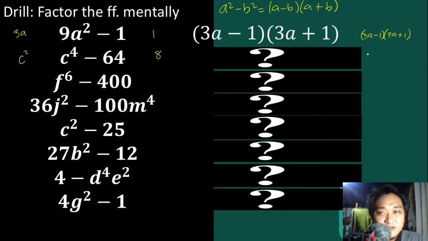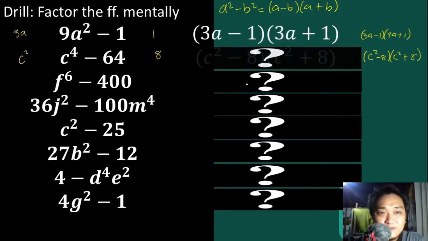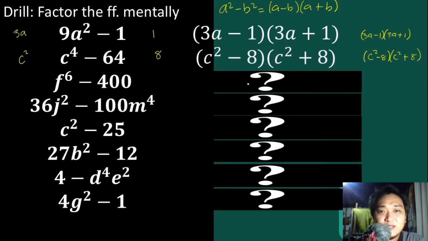So, what will be the factor? Ang magiging factor natin ay c squared minus 8 times c squared plus 8. Sige nga, subukan natin kung tama tayo. Ayan, so tama tayo. c squared minus 8 at c squared plus 8.